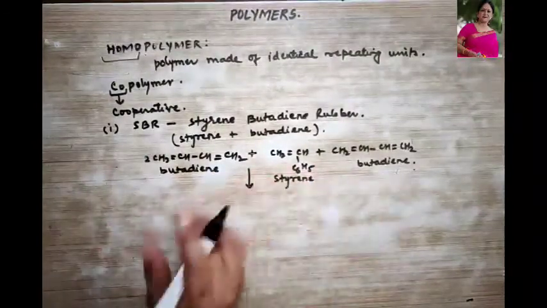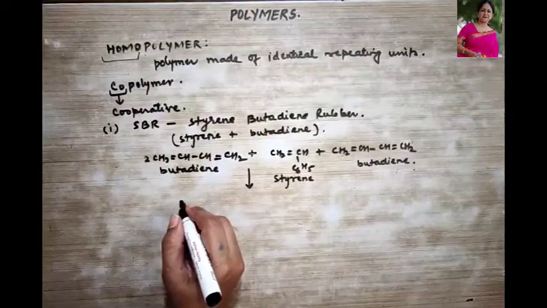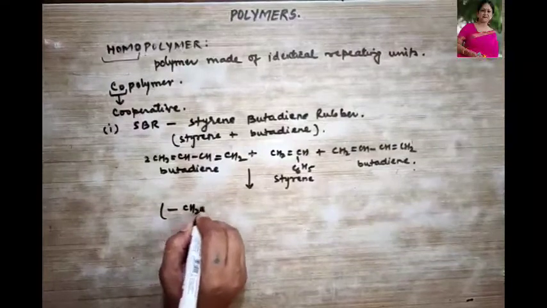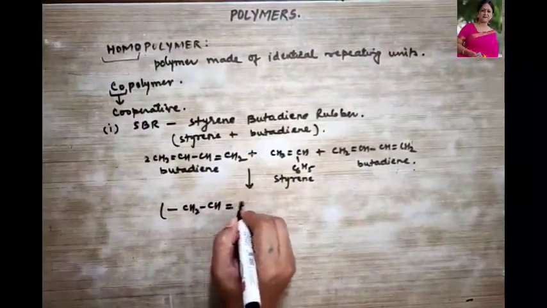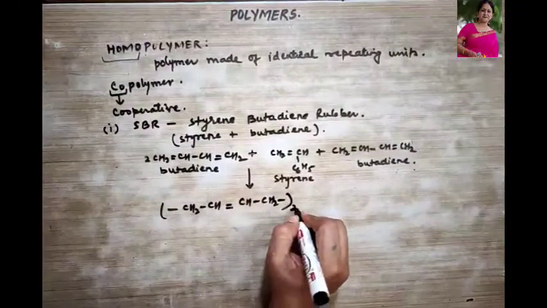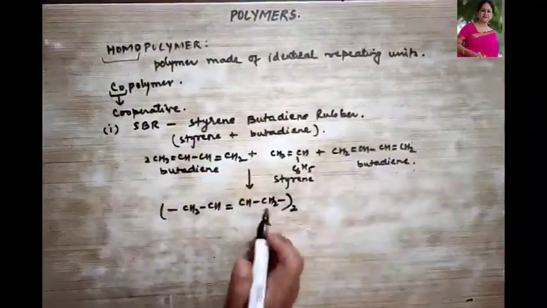So if we bring all of these together, what is the structure that will be formed over here? It will be CH2CH double bond CH2. This will go on, this is 2 times because butadiene is 2.